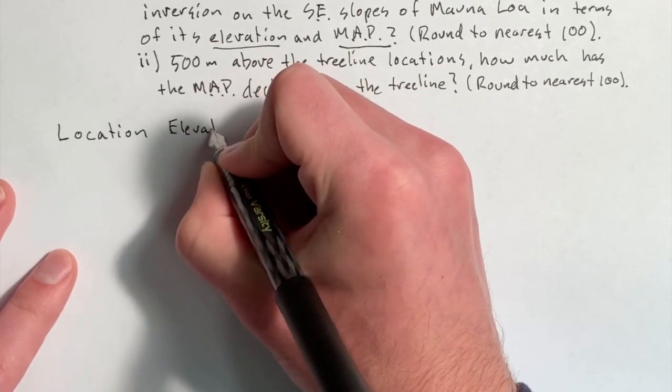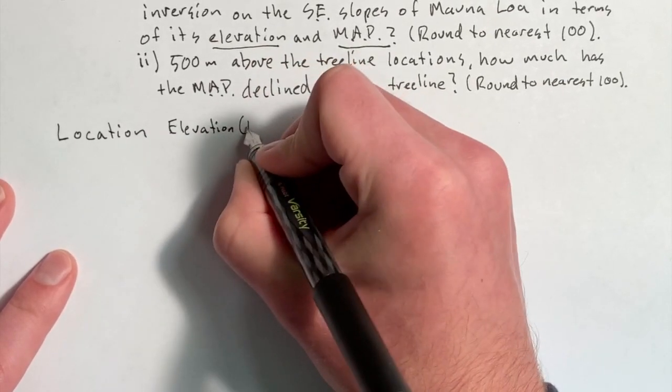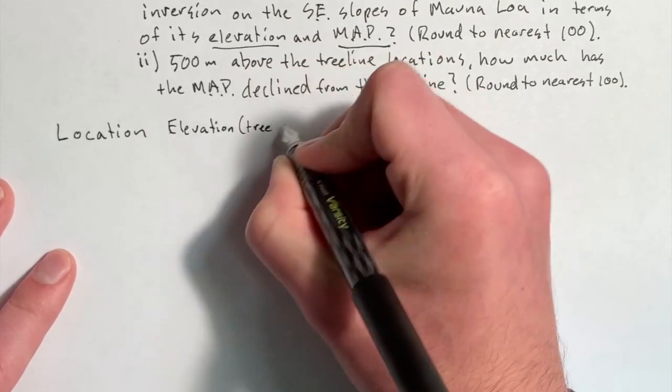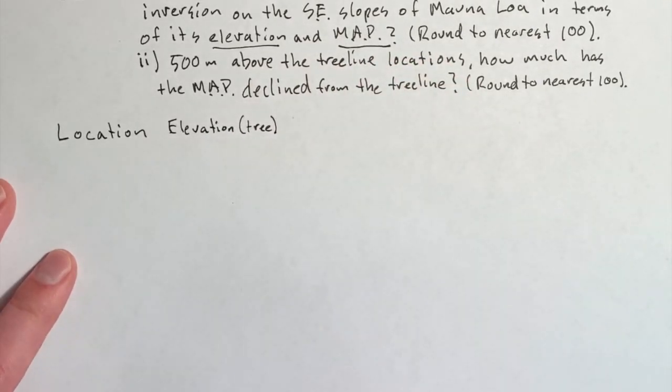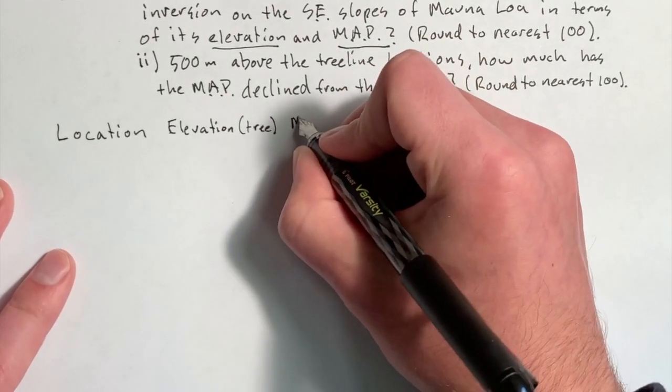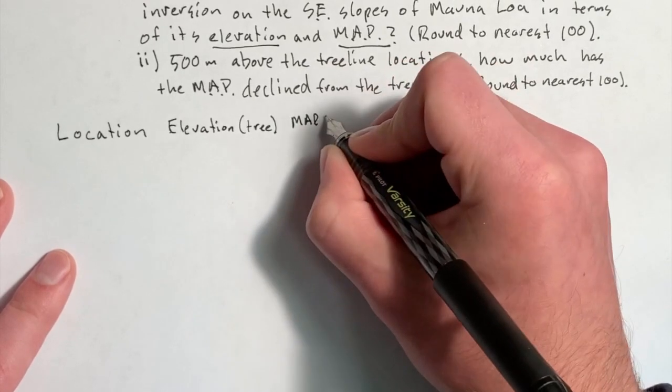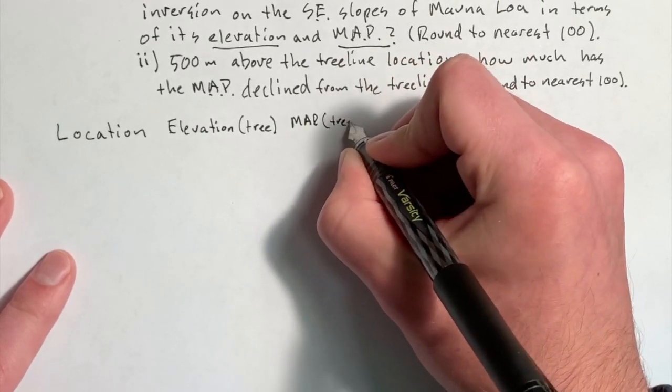We need to find the mean annual precipitation, or MAP, at the tree line.